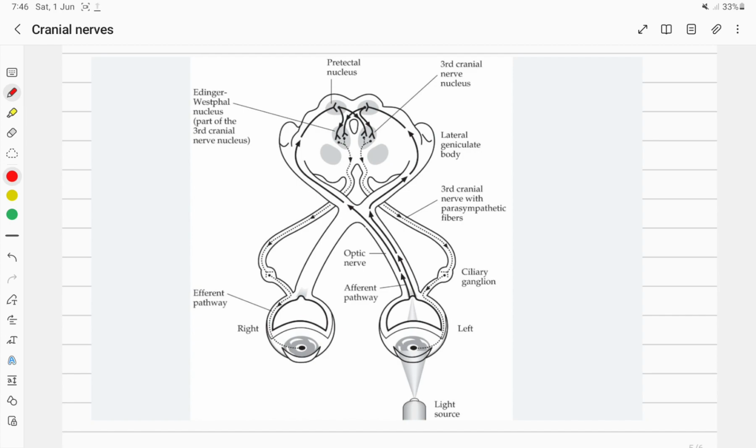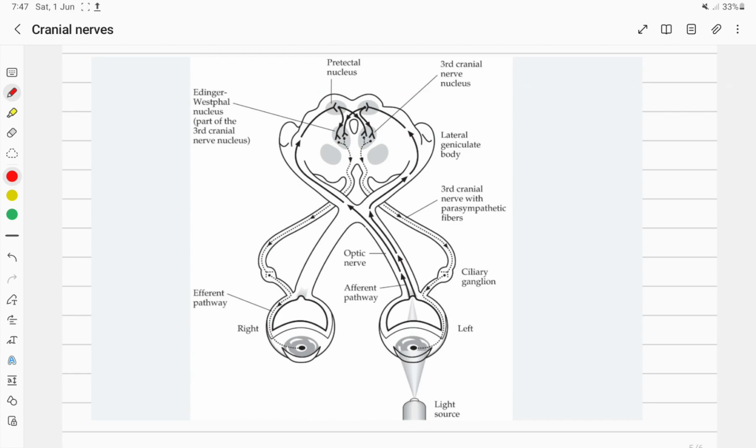The contraction of the ciliary muscles causes thickening of the lens and increased refractive power, and contraction of the constrictor pupillae muscle causes the pupils to constrict and restrict light to the central part of the lens. That is the accommodation reflex.